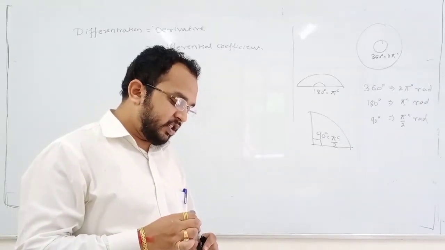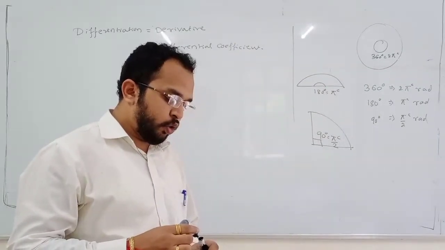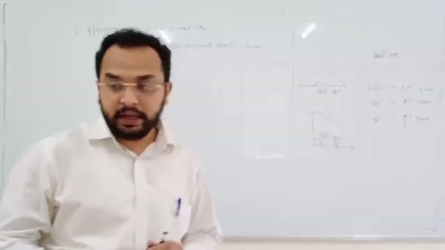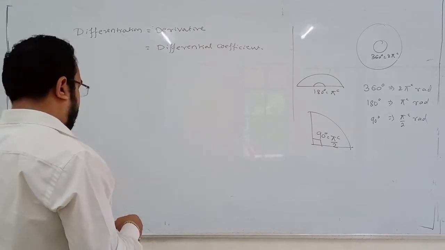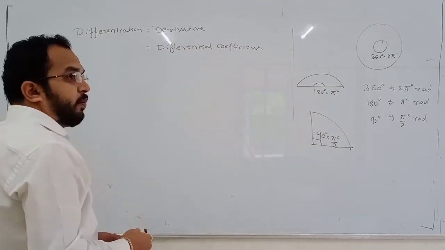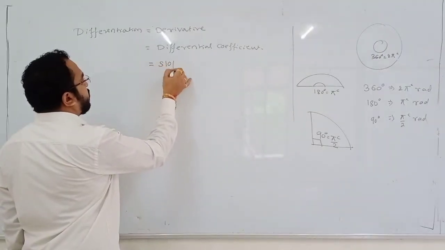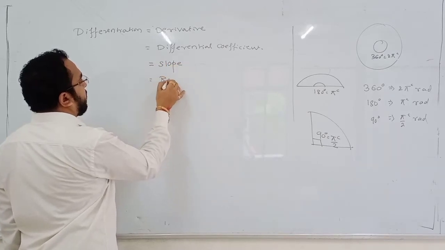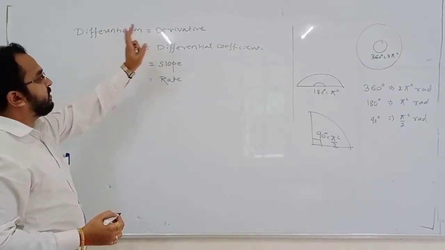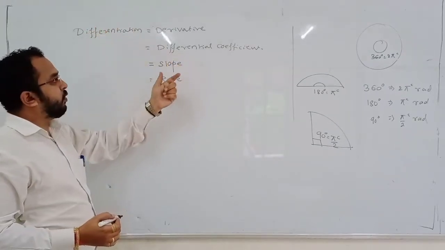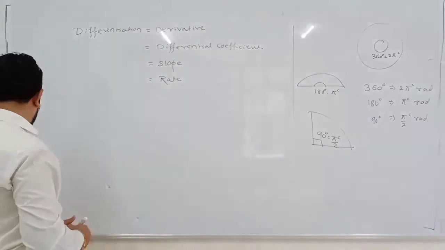Okay? It is also called slope, and it is also called rate. Because in 9th class you have studied rate of change of velocity, rate of change of displacement with respect to time. So we can call it slope, we can call it rate. So all are the same things. Differentiation means derivatives, differentiation means differential coefficient, differentiation means slope and differentiation means rate. Okay, all are the same thing.